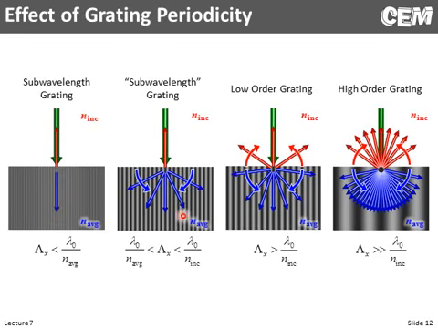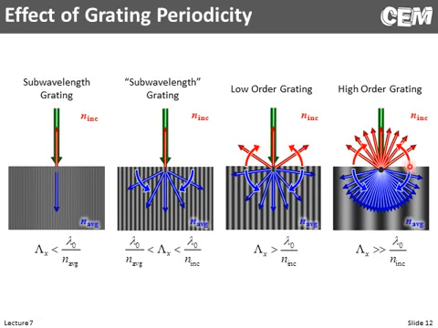Well, if we stretch the period a little bit, at some point, we're going to start to see these diffracted modes appear. And they're going to appear first in this direction. And then they kind of come down as we stretch the period more and more. I have a movie of this that'll, I think, illustrate this. Here's just a summary of it. If we keep stretching it, now all of a sudden we're going to see diffracted modes being reflected. And if we keep stretching it, there's just more and more and more modes.